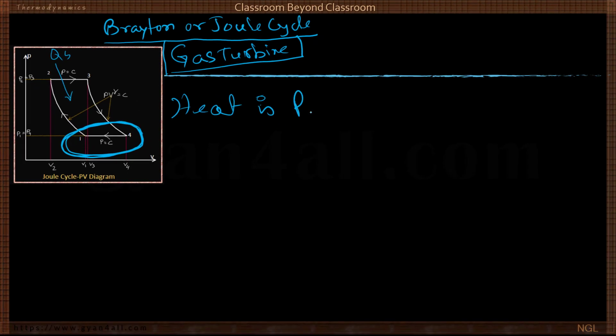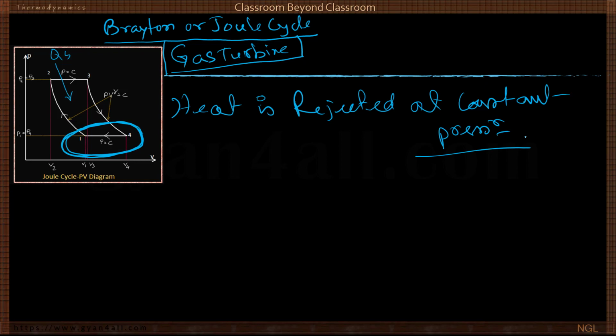For heat addition, already you have discussed that heat rejection is done at constant volume in Otto cycle, at constant pressure in diesel cycle, and both at constant pressure and volume in dual cycle. But the only difference with the Brayton or Joule cycle is that heat rejection is done at constant pressure.